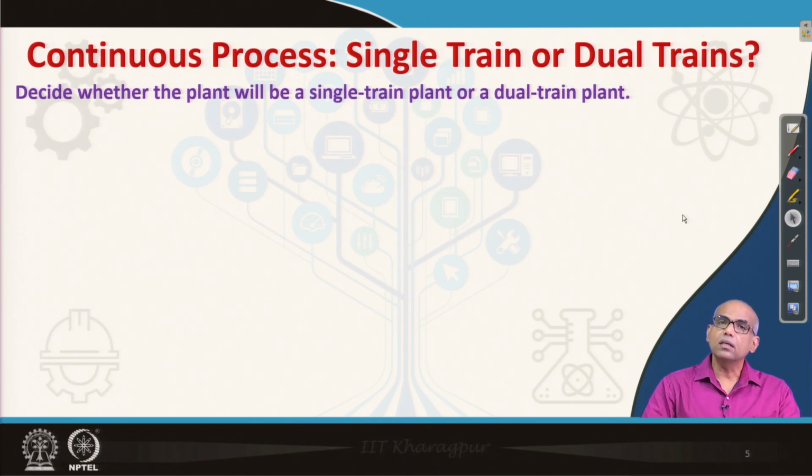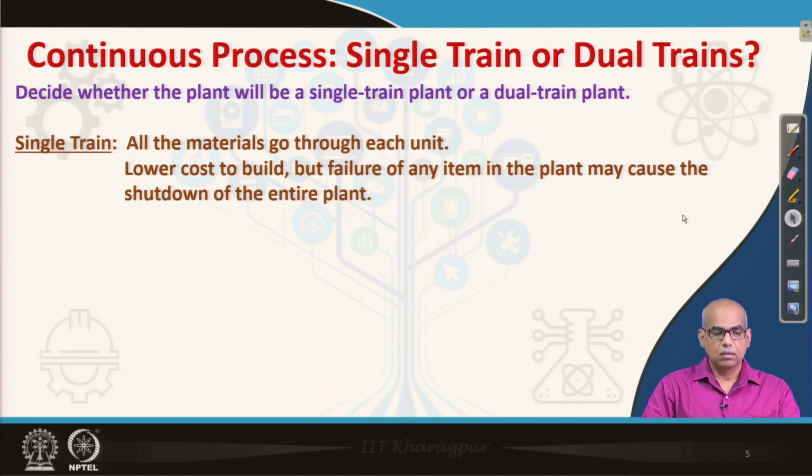In the very beginning of your selection of equipment, you need to decide whether the plant will be built as a single train or dual train when you are going to design a continuous process. A single train plant means that there is no duplication of units.